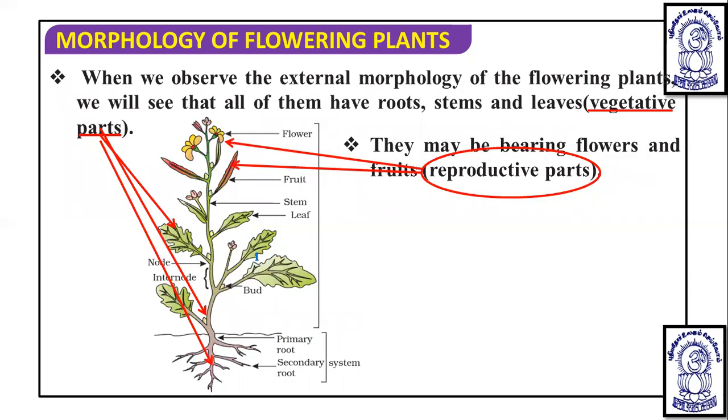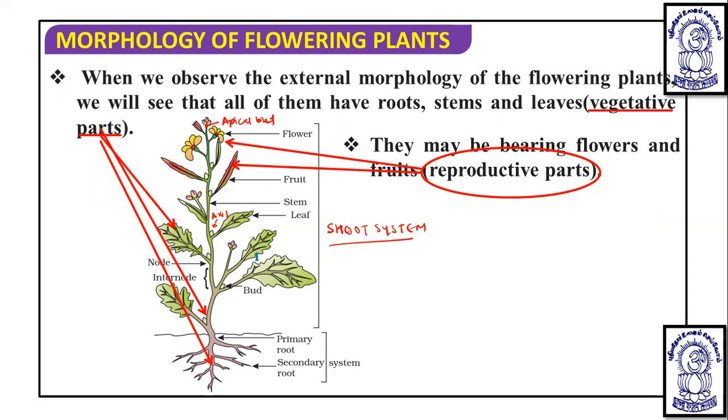One of the important things which I told you to understand in a shoot system is the presence of bud. And if you see, this angle is known as axil. If it is an apex, the apex has an apical bud.